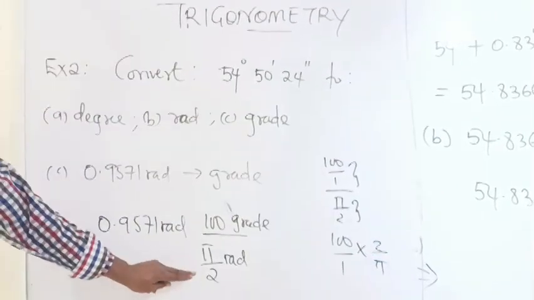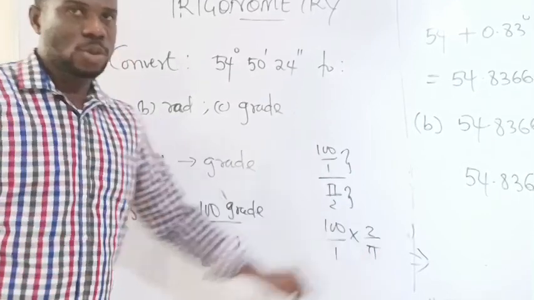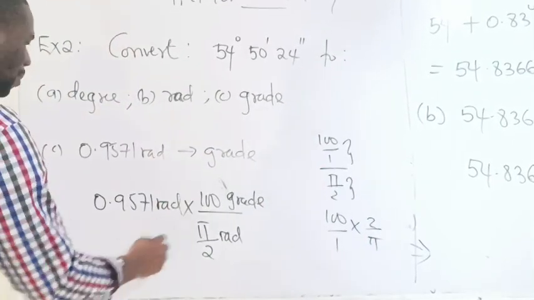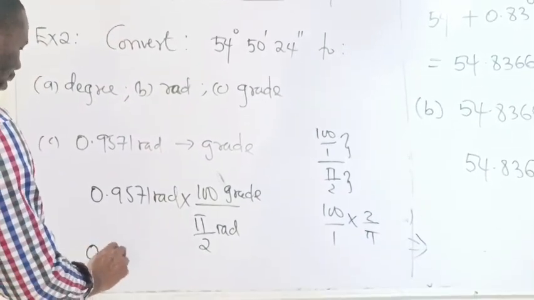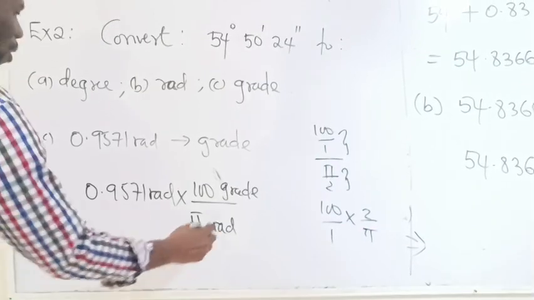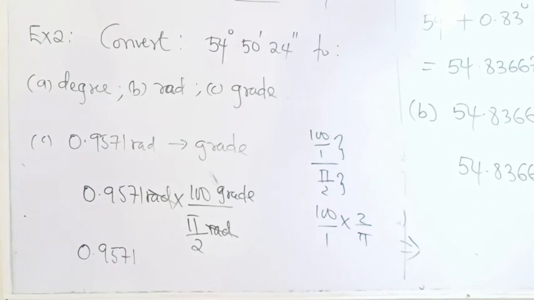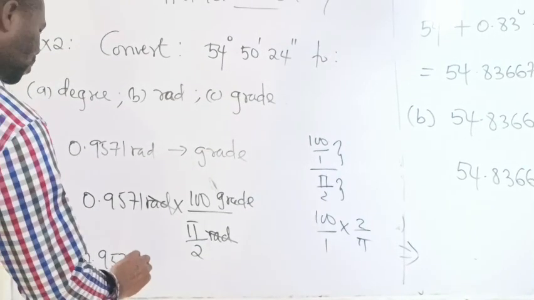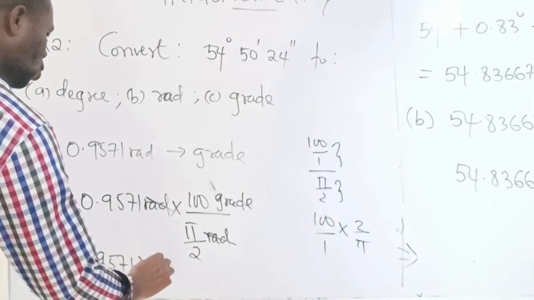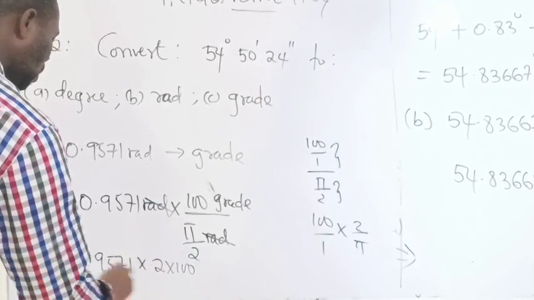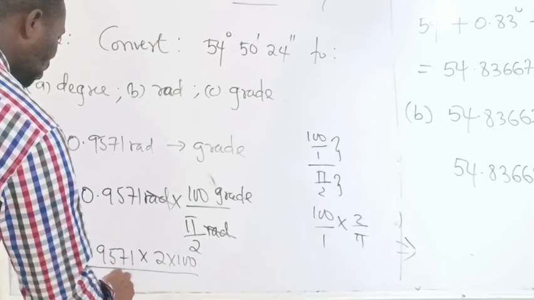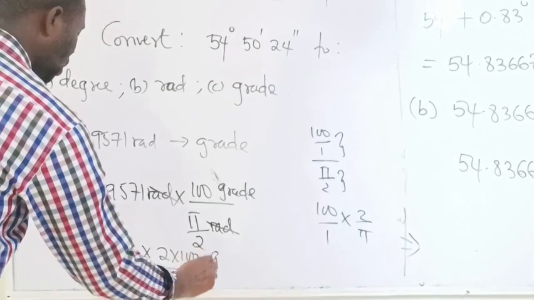That is the reason why I said the 2 comes up here, because you have 2 times 100 up there. So this is 0.9571, and of course I lose the rad, then times 2 times 100 over pi, which is 3.142, and this will be in grades.